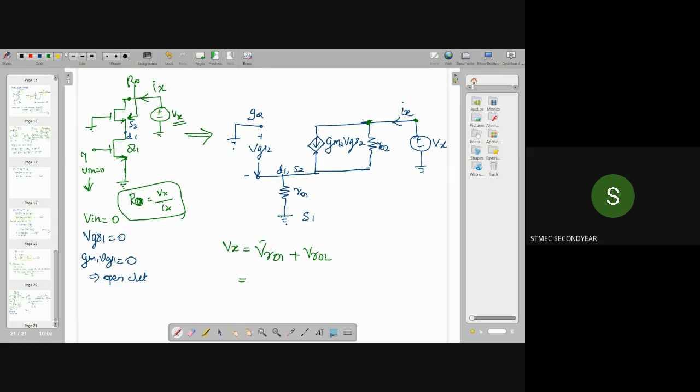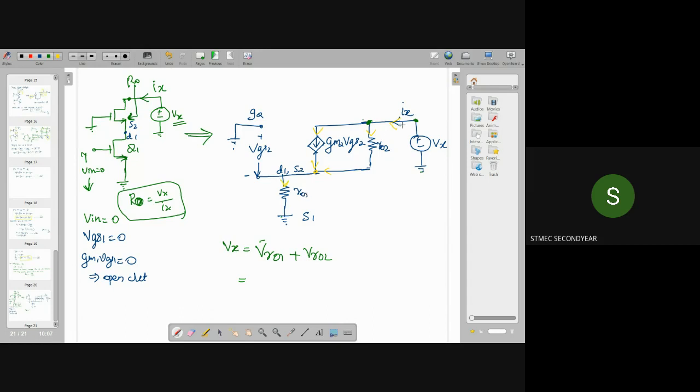The current entering this node is Ix. This Ix will divide between these two branches: one part is gm2 into VGS2, and another part is the current flowing through the resistor R02. At this point, these currents combine together and flow through this resistor.